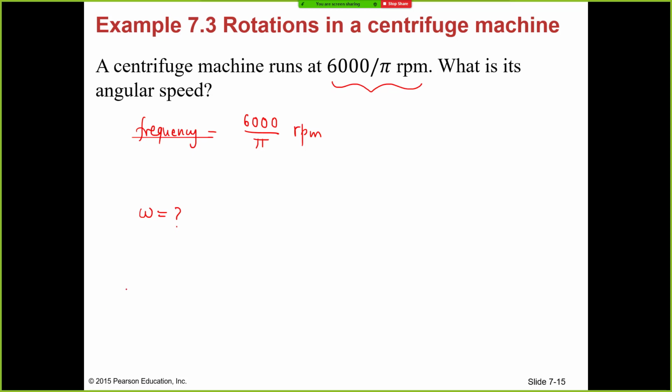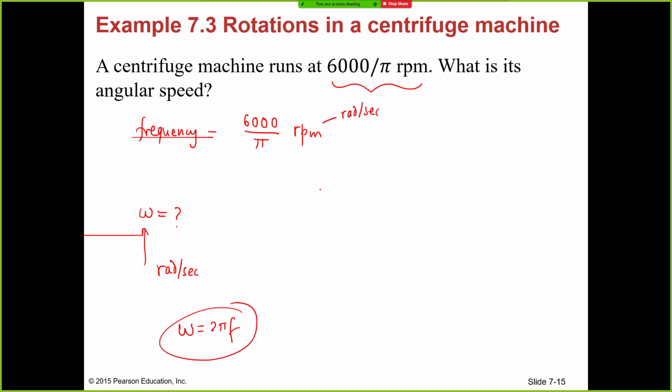Okay. So you can use the formula, or you can just use basic arithmetic here. The unit of omega is radian per second. So we want to convert this to radian per second. If you do that, then that gives you the omega. But if you want, you can also use the formula. Okay? The formula is omega is 2 pi f.